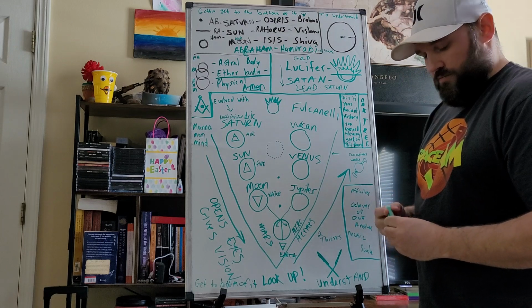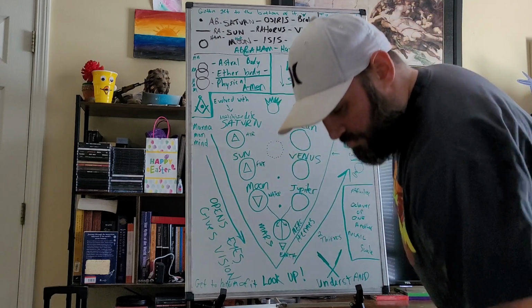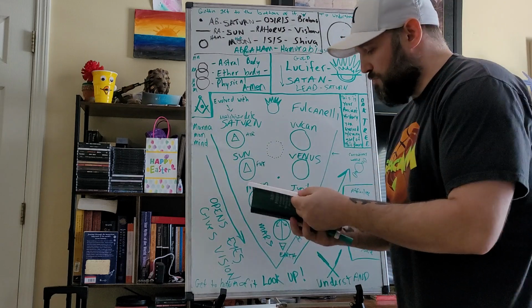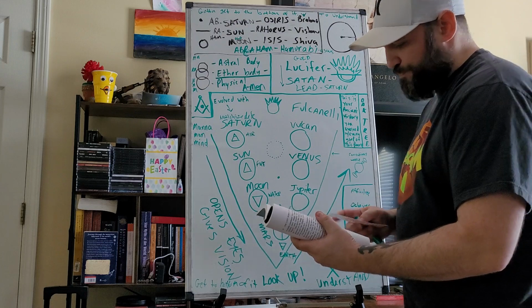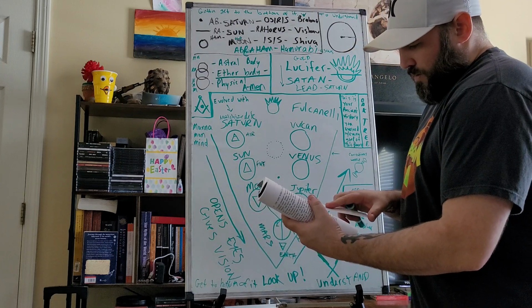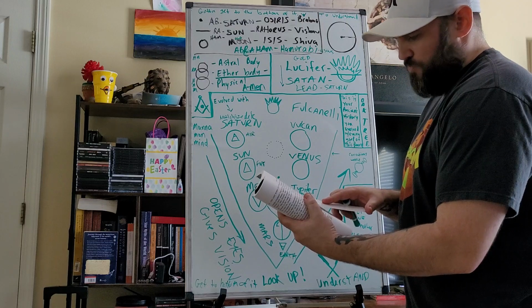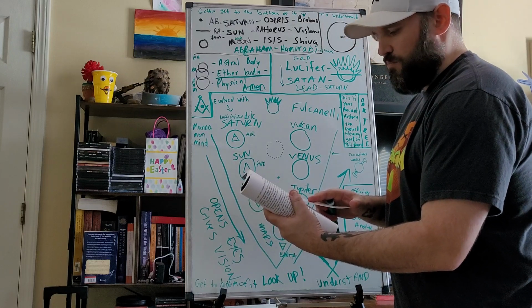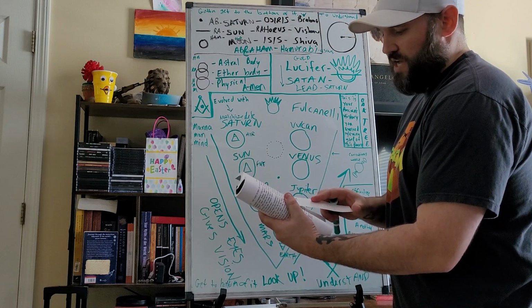You can go ahead and do your own study on that, because I want to read something out of this book real quick, and I don't have a lot of time, so we're going to have to move. Origin of the names of patriarchs. In Abraham is the syllable Ra, which is the name of the Egyptian sun god.